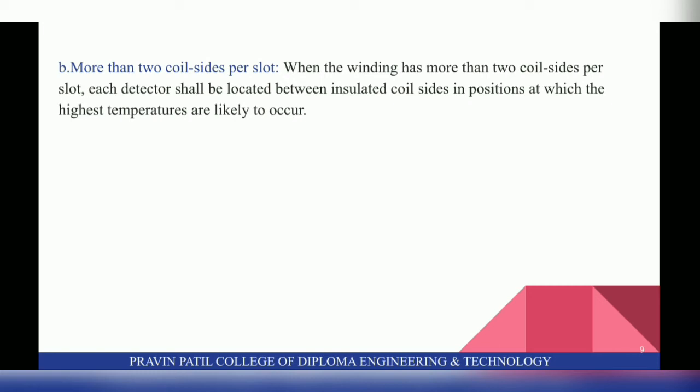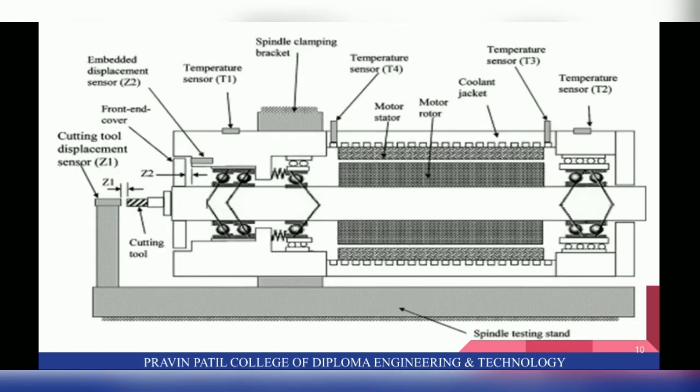So first method is thermometer method, in which you can use direct thermometers to measure the temperature. Second method is by calculating the resistance. So by calculating the resistance before and after the test, you can calculate the temperature. And the third method is embedded detector. So by using a sensor also you can measure.